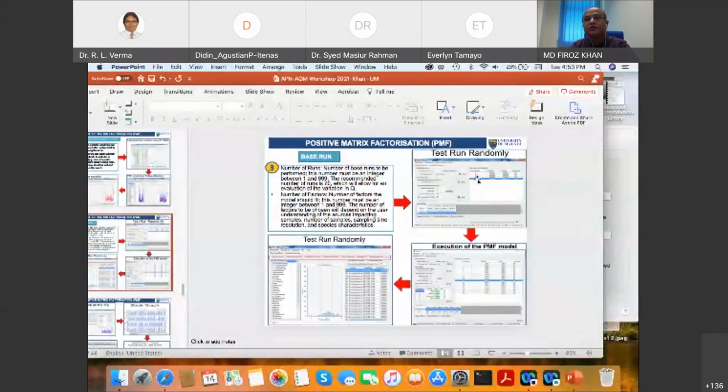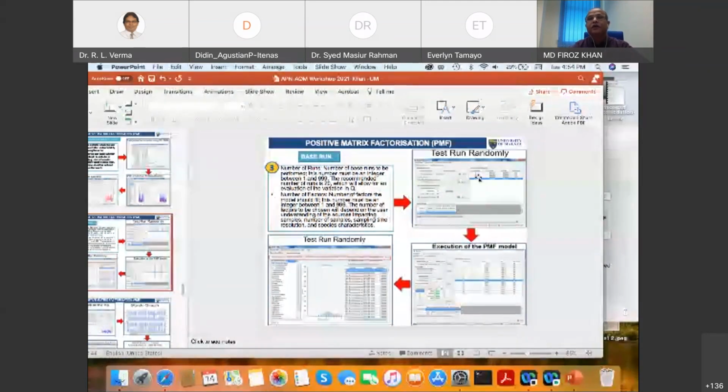I already have shown you the Q value in the mathematical equation. And manually, you can also calculate the Q value based on your number of samples, number of variables, and number of factors you want to put here. So you can calculate the Q value.